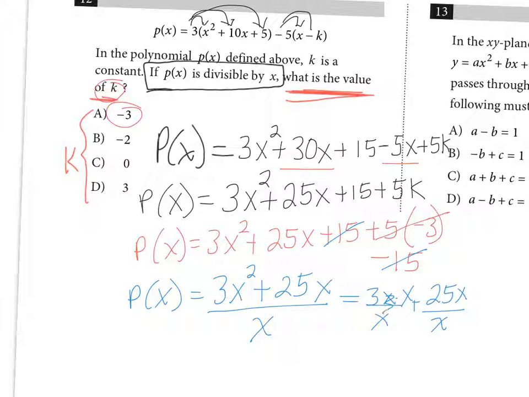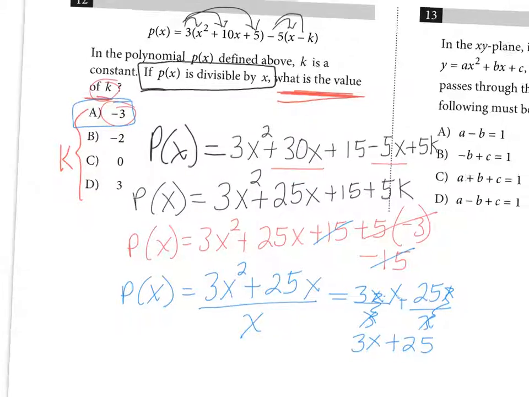So one of the x's can cancel here. And on the second term, one of the x's would cancel. So my answer would be 3x plus 25. So was it divisible by x? Yes. So therefore, that was the answer. So this gives you a polynomial that is divisible by x. Okay, so that was number 12.